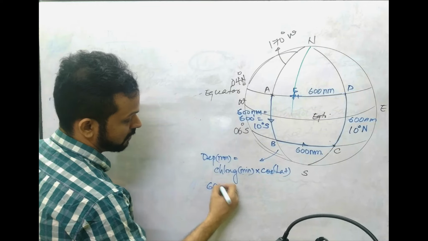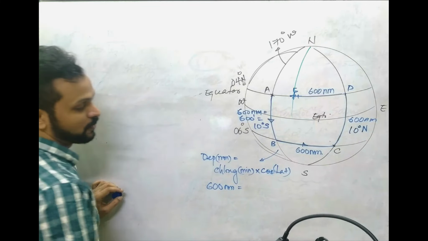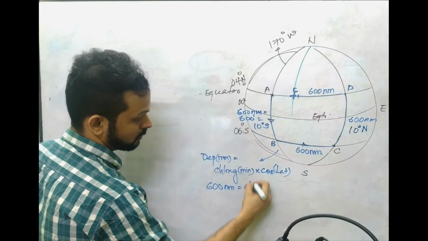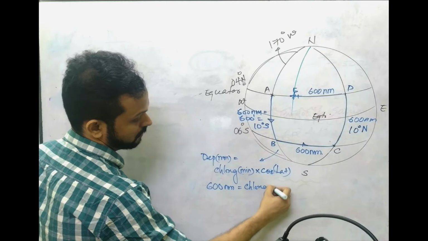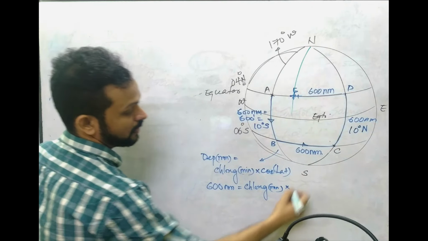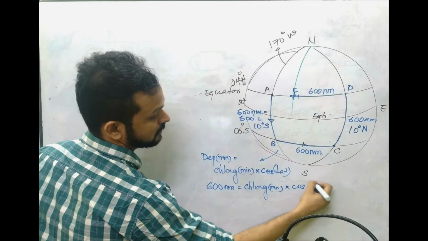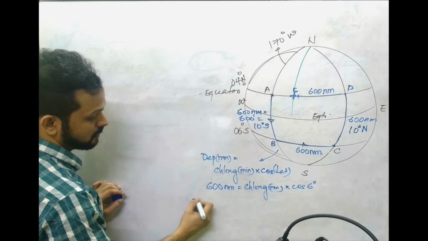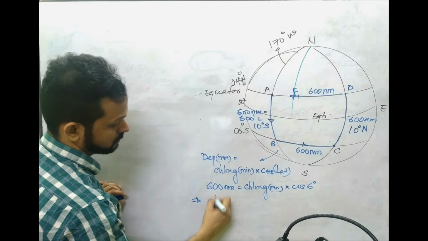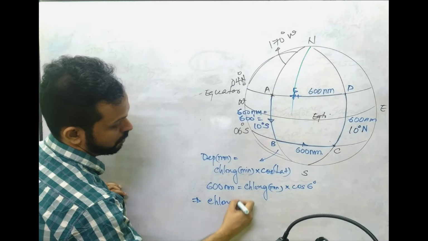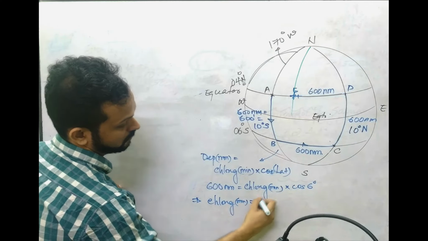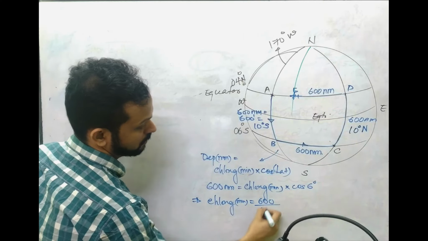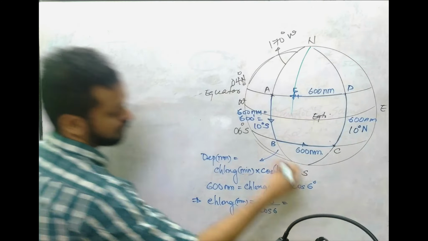Departure is 600 nautical miles. That's equal to the change in longitude, which you have to find out, in minutes, multiplied by cosine of 6 degrees, right? Now the change in longitude in minutes is equal to 600 divided by cos 6. And how much is that?